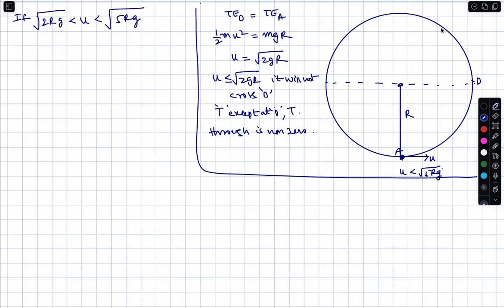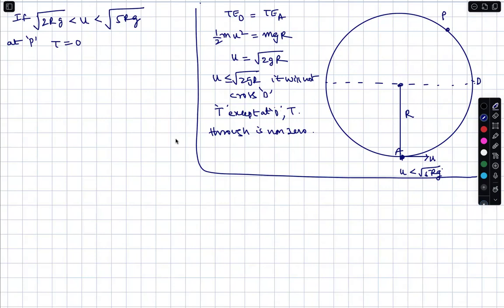Somewhere here, at point P, tension becomes 0. From there, it deviates from the circular path and the string becomes slack. It follows some parabolic path.